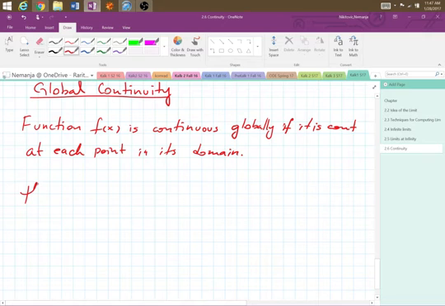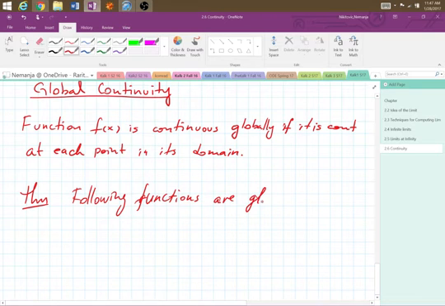Theorem. The following functions are globally continuous. Now, I'm not going to say on the entire domain because that's what the word globally means. It means at every point in its domain. So I'm not going to write that.